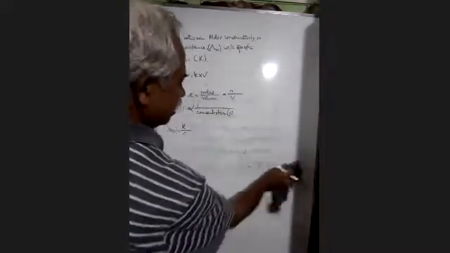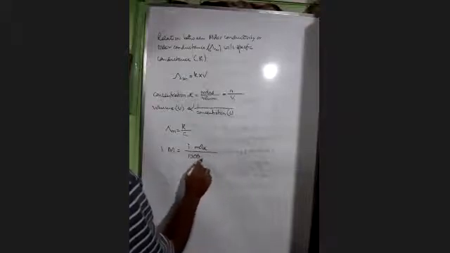For 1 molar solution, what should I write? For 1 molar solution, n is equal to what? n is equal to 1. I'll write here 1 mole. And V is equal to what? 1000 ml.